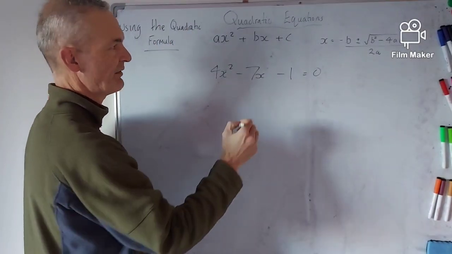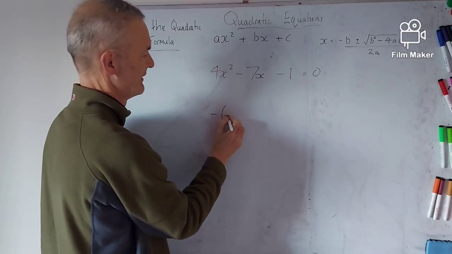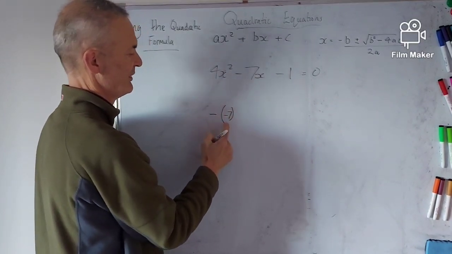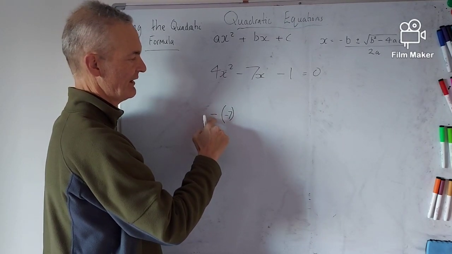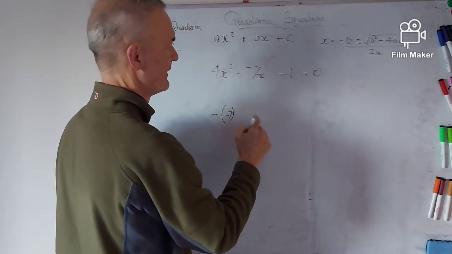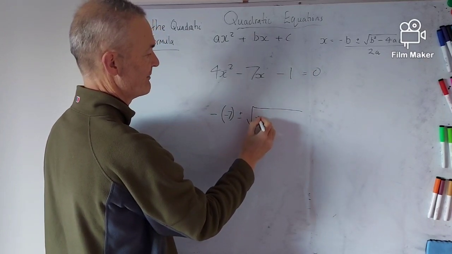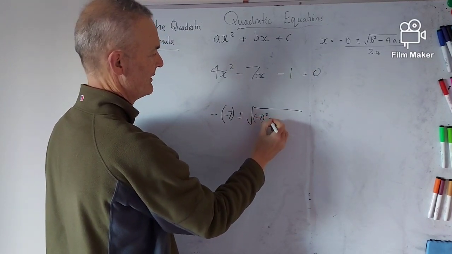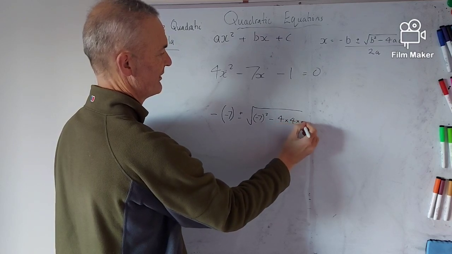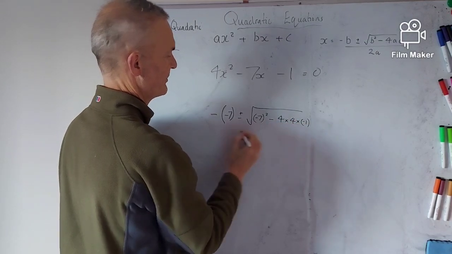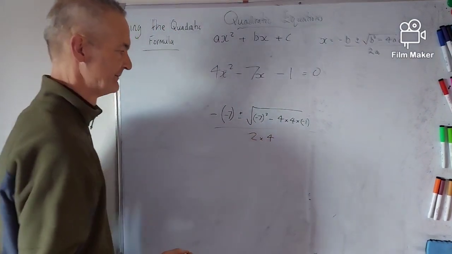So when we substitute this in, we're going to have negative, and then we're going to put in the b as negative 7. I put it in brackets there just to show that it is a negative 7. So we've still got that negative outside here. And then we can add the other terms. So we've got b squared, so that's minus 7 squared minus 4 times a, which is 4, times c, which is minus 1, over 2 times a, which is 4.